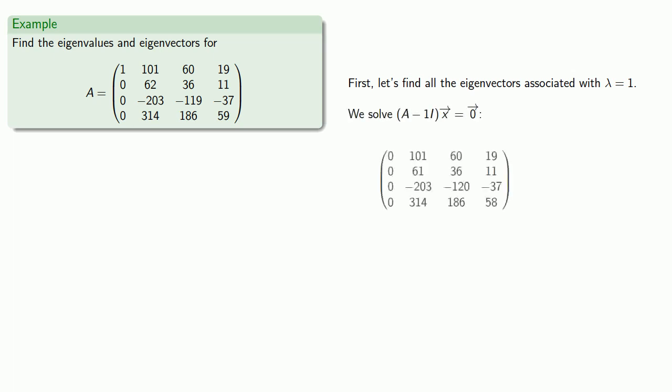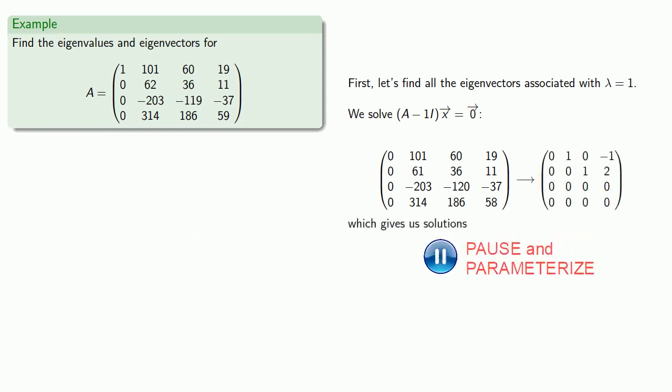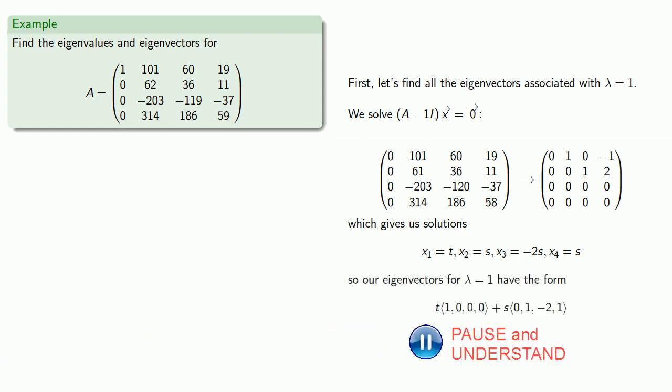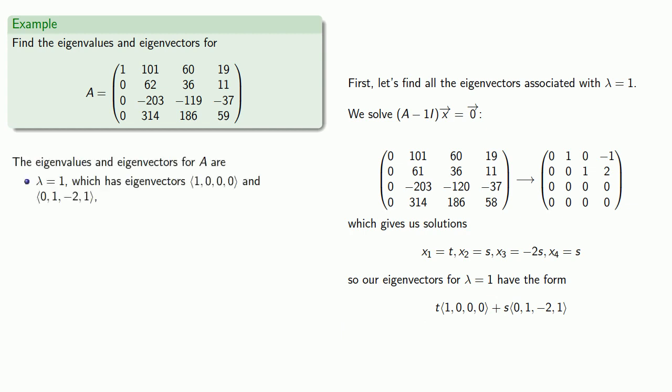So row reducing our coefficient matrix, we have solutions. And since we have two free variables, our eigenvectors for lambda equal 1 have the form. And so we'll take one of our eigenvectors as (1, 0, 0, 0), and the other one as (0, 1, -2, 1).